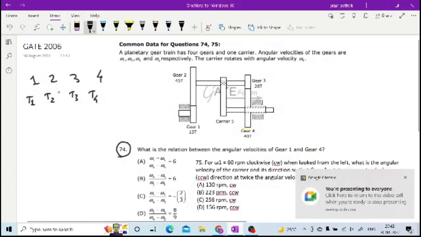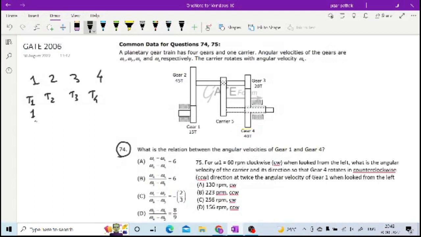So let me write the number of teeth on 1, 2, then 3 and 4. If you provide plus x to 1, then to the second one it will be minus x into driver upon driven, that is 1 by 3. I am directly writing 15 by 45 as 1 by 3.